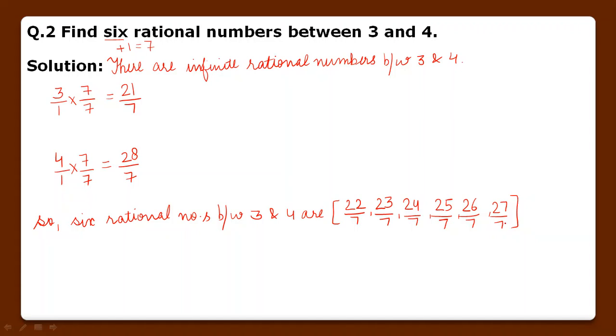So this was the method to calculate the rational numbers between 3 and 4.